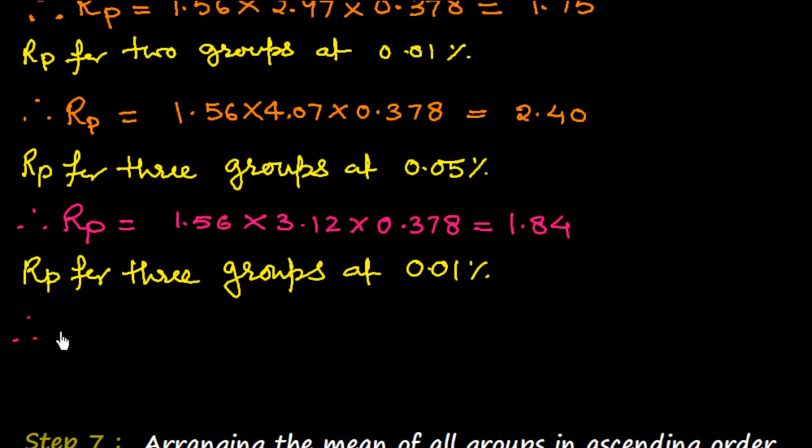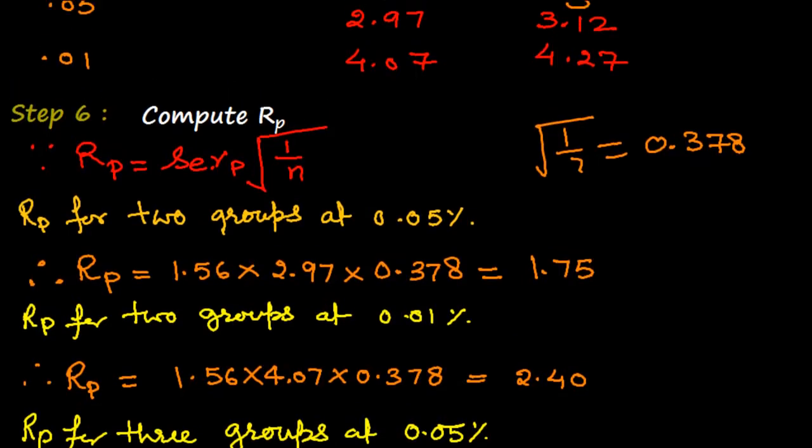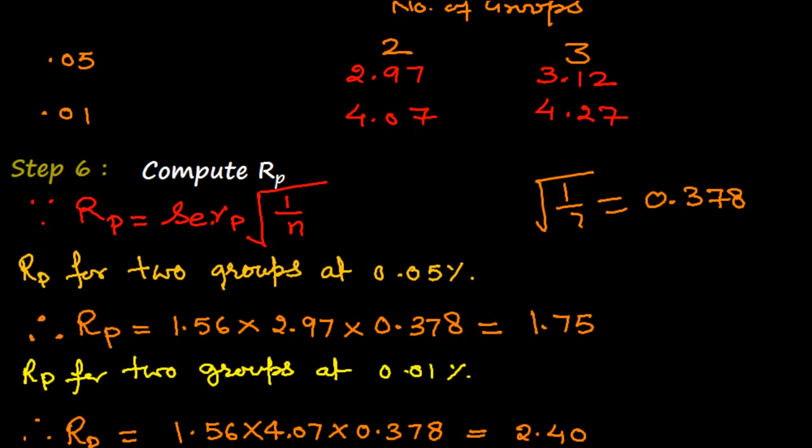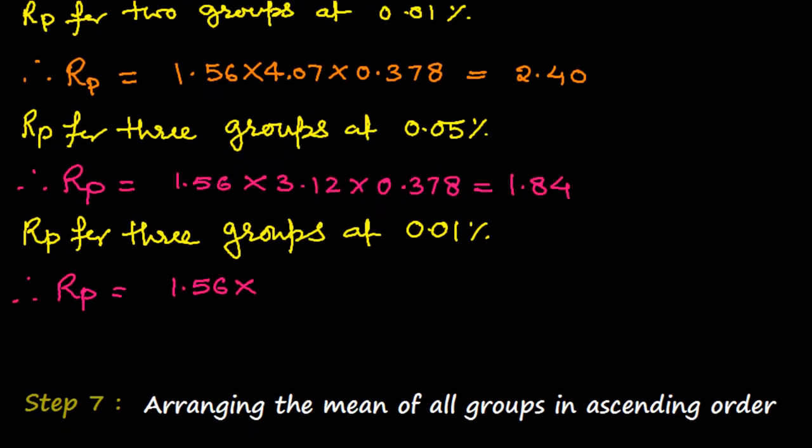RP is 1.56 into, at 1% for three groups we get 4.27, 4.27 into 0.378, which at 1% is 2.52.